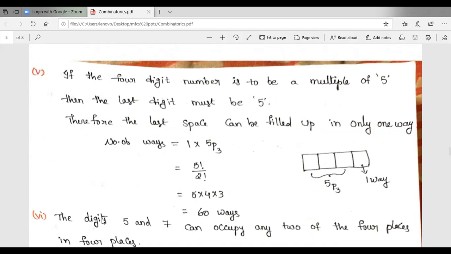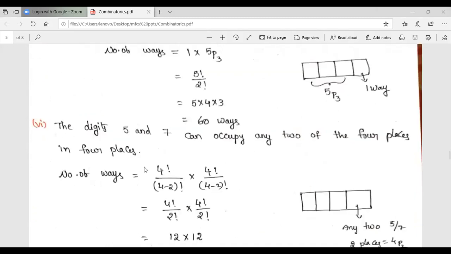So sixth question. The digits 5 and 7 occupy any two of the four places. The digits 5 and 7 can occupy any two of the four places in P of 4 comma 2, which is 4 into 3, equal to 12 ways. The remaining two places can be filled with the remaining 4 digits. Totally we have 6 digits, and 2 digits, 5 and 7, are used, so the remaining digits are 4.